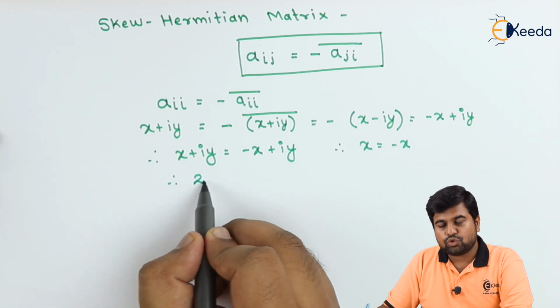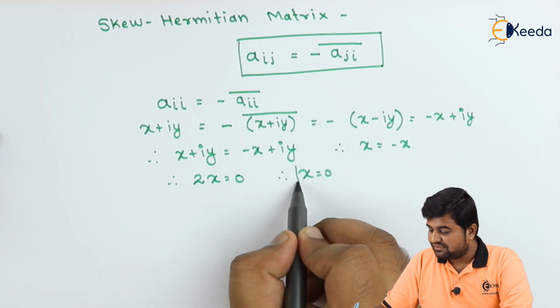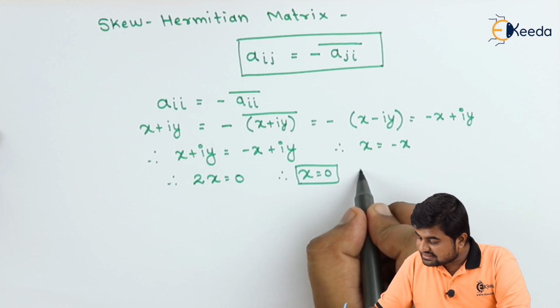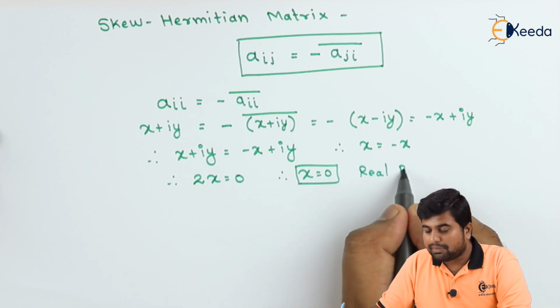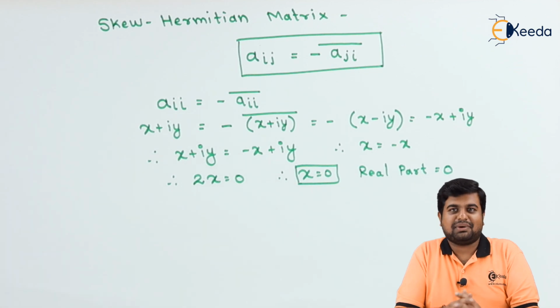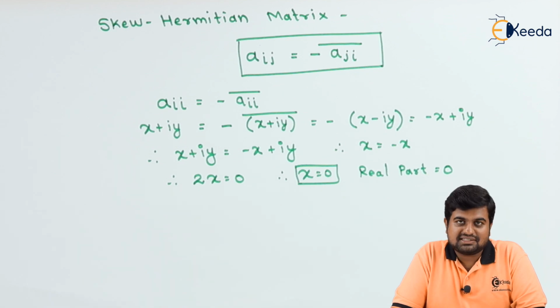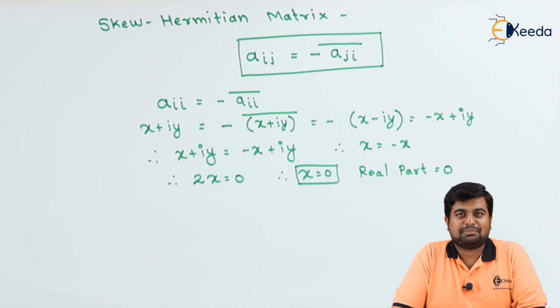Therefore 2x is equal to 0, therefore x is equal to 0. This means the real part is equal to 0. And once the real part is equal to 0, any complex number turns out to be an imaginary number with real part 0 and only the imaginary part present in it.